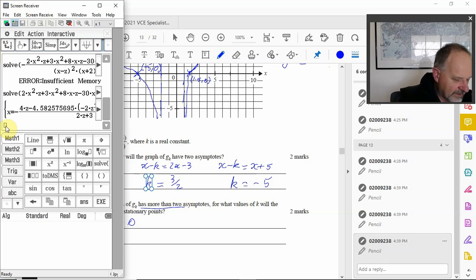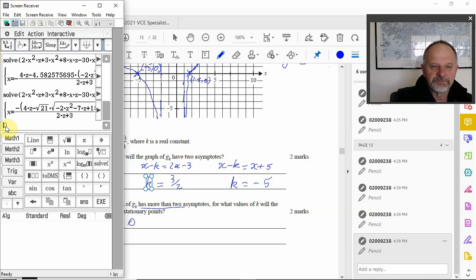a lot better. Now, I should have maybe had that in standard, not decimal. Let's have a look at what it's going to do. There it is. So what have we got?